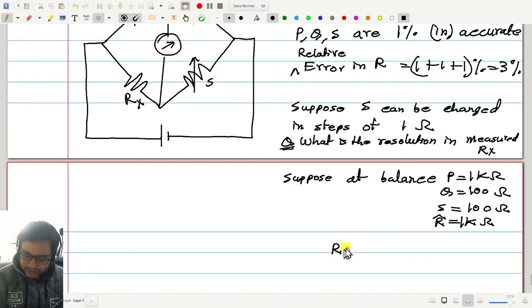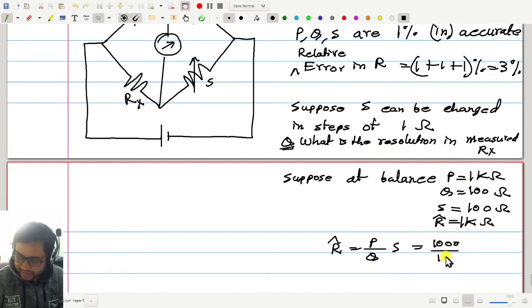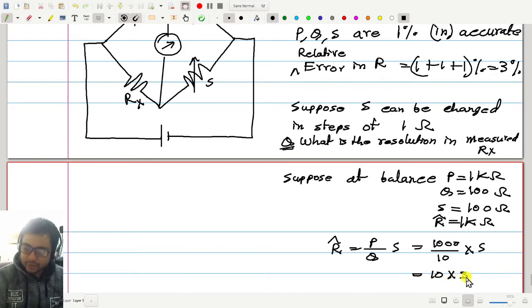Now you see R is equal to P by Q into S. Now P by Q is 1000 by 100, that is 10, so R is 10 into S. Now you can change S in steps of 1 ohm, and the way you have obtained balance, R can be changed in steps of 10 ohms.